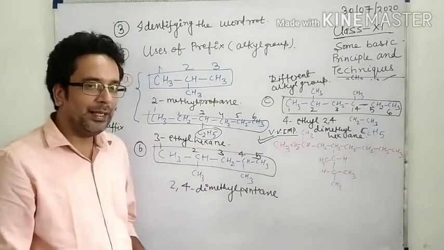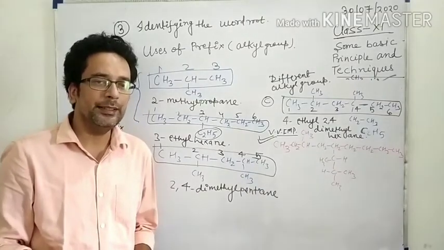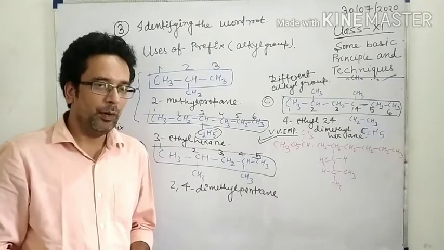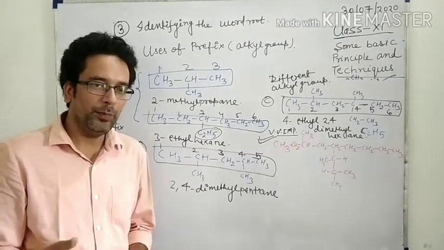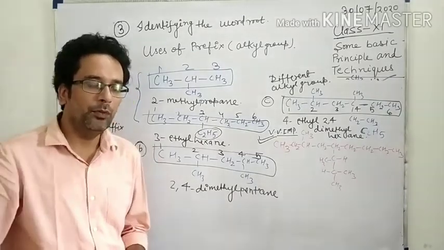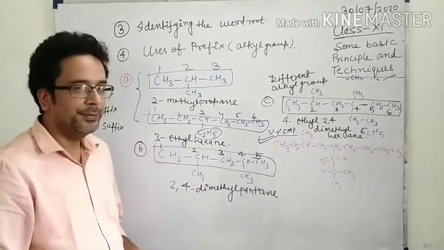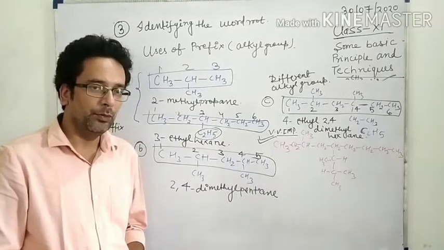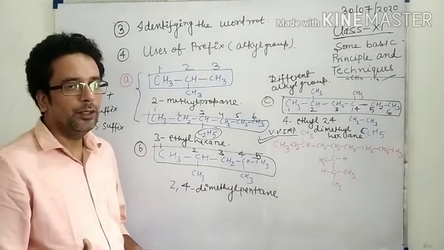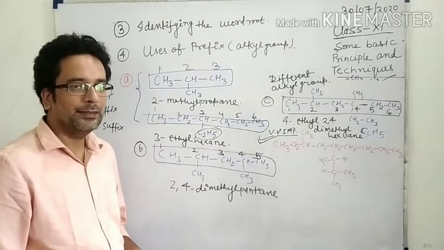When a complex substituent is present in a compound, how do we write the name of that compound? First we understand what the meaning of complex substituent is.